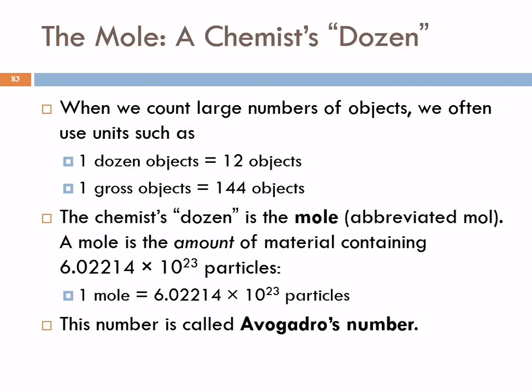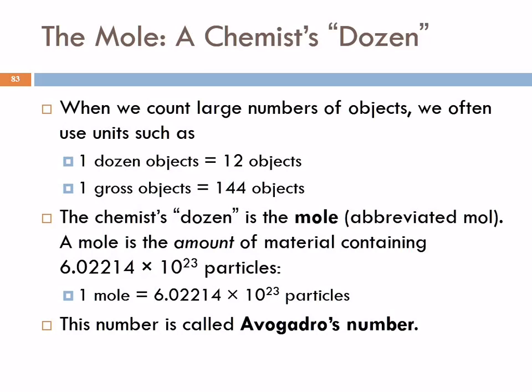We use units that are counting units for several different types of things in everyday life. One of these units is the dozen. A dozen objects is 12 objects. It doesn't matter what the object is. You can have a dozen donuts, a dozen pencils, a dozen cars, a dozen planets.